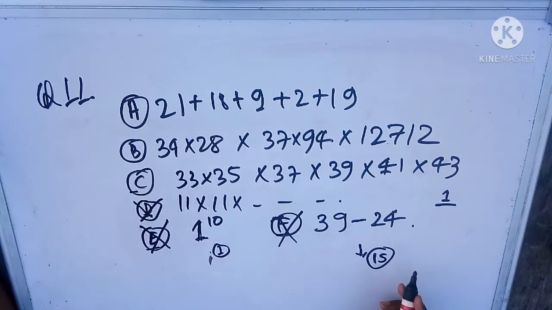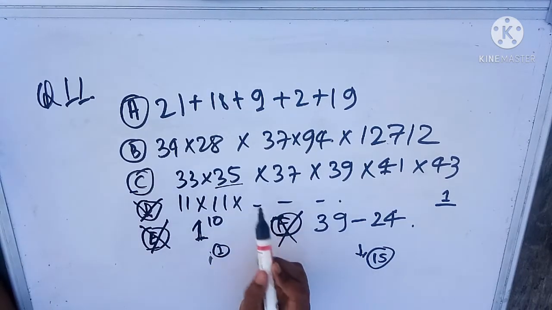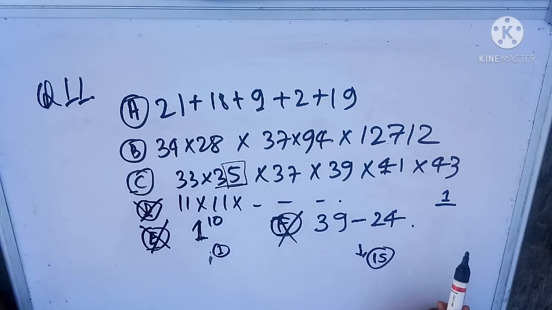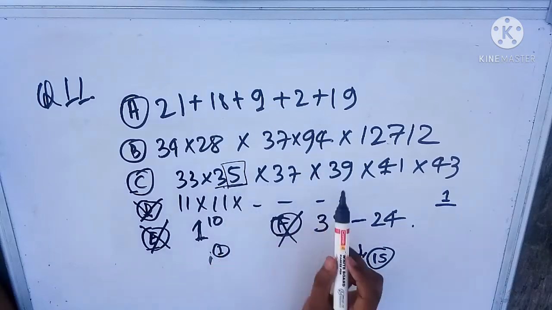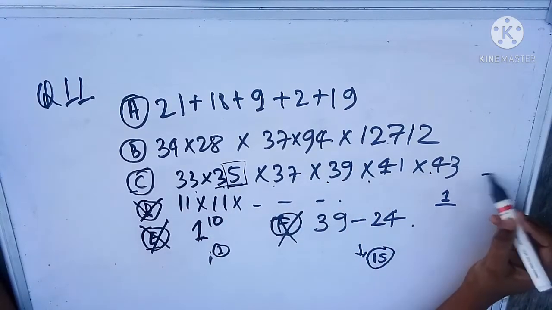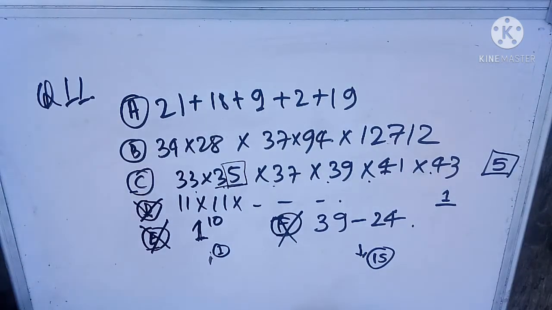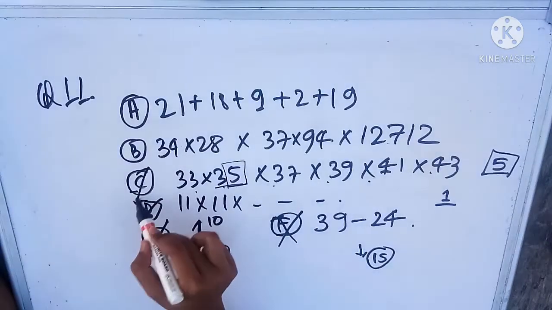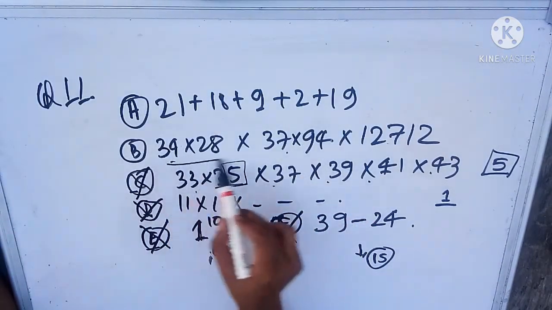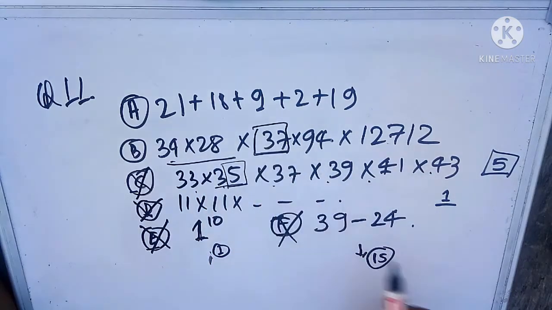In option C, we have 35 having 5 as a unit digit. When we have 5 as a unit digit and multiply by numbers having odd digits, we will only get 5 as the unit digit. So this is also not the true option. In option B we have all even numbers including one odd number, 37.